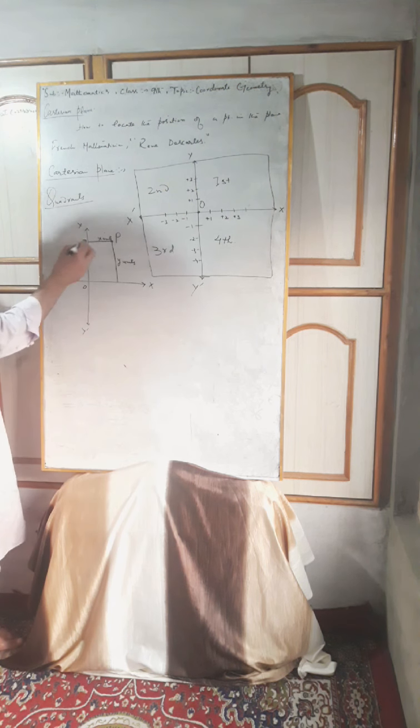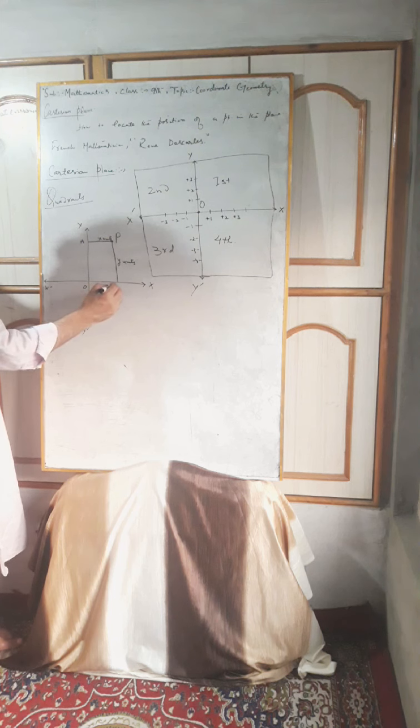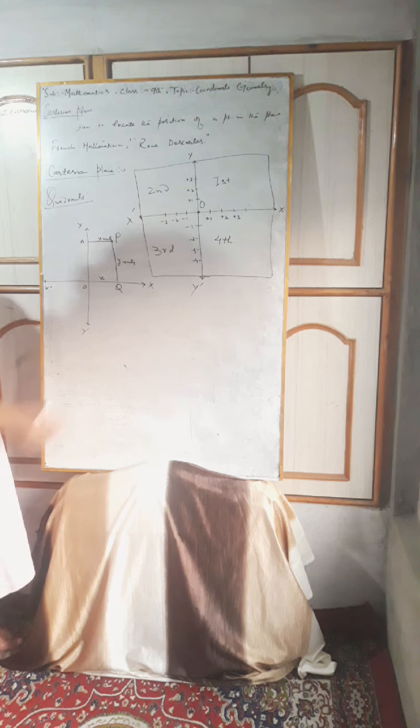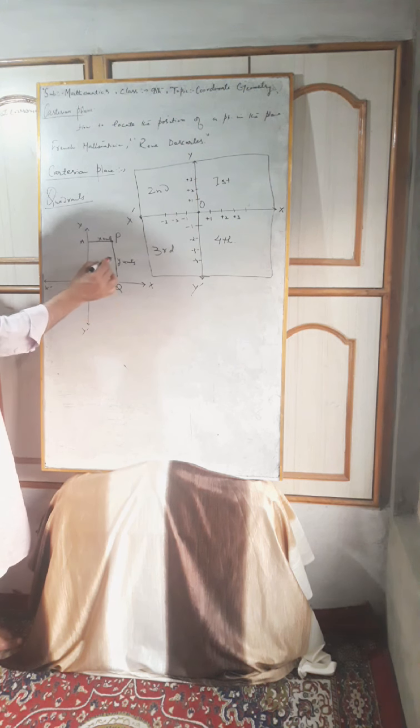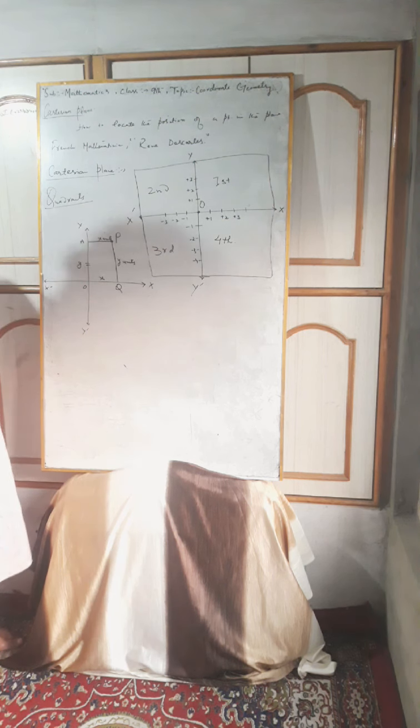Here this AP, for example, is parallel to OQ, and it is equal to x units, and this perpendicular distance which is parallel to AO is equal to y units.